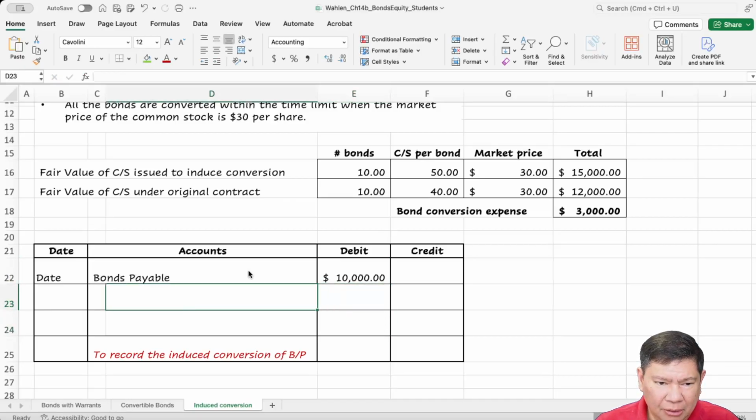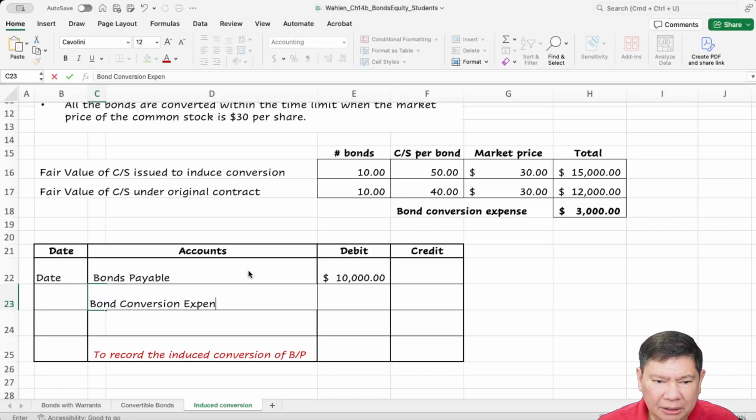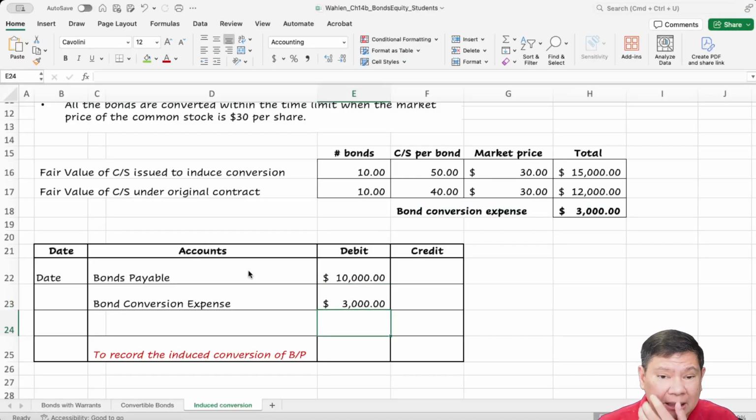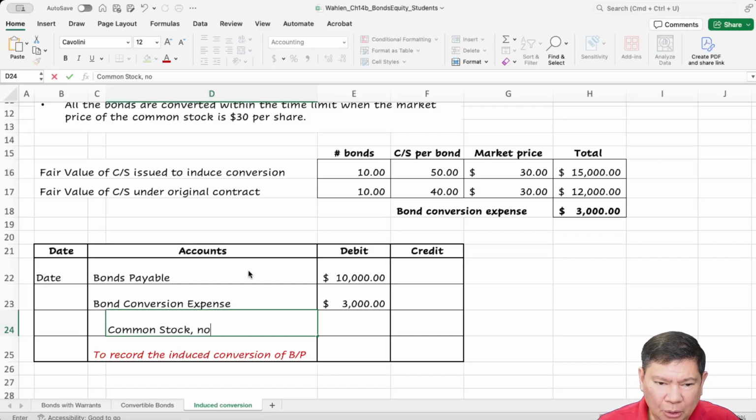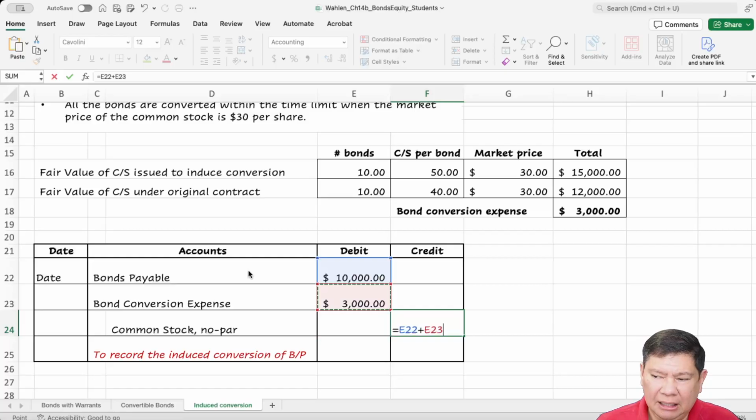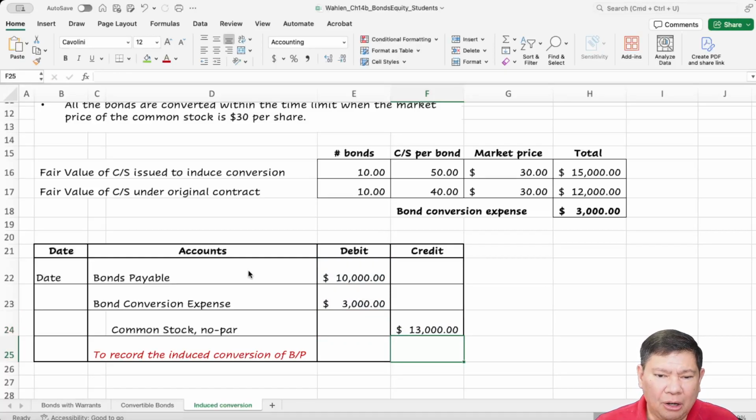And then the company has to recognize bond conversion expense for the $3,000 higher cost because of the change from 40 shares to 50 shares, and then common stock, because it's no par, will be recorded at the $13,000 amount to be reported on the equity.